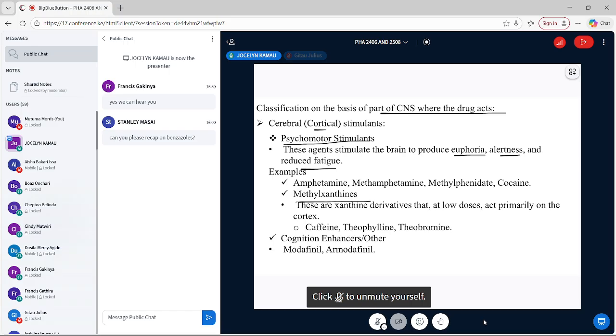And again, you have strychnine and picrotoxin. They block an inhibitory neurotransmitter in the spine, and there are two levels of activity.